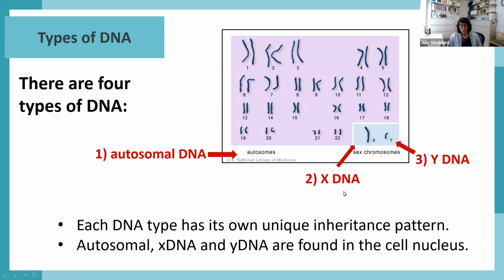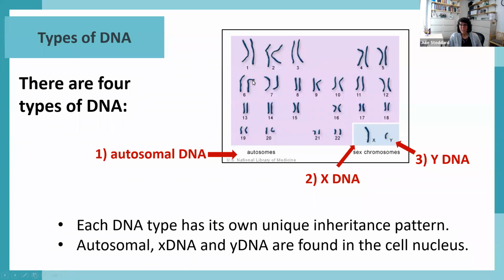There's also tests who will just look at your X DNA, which you would have inherited from your mother. Or if you're male, then you can take a Y DNA test, and that one's passed from father to father to father because only the males get the Y chromosome. So each of these different DNA types has a unique type of inheritance pattern. And we'll talk mostly about autosomal today and that inheritance pattern.